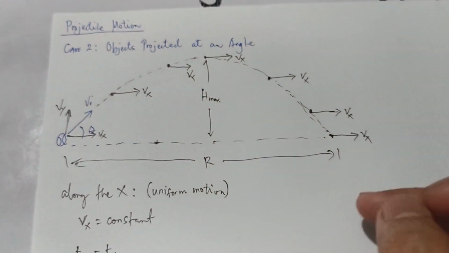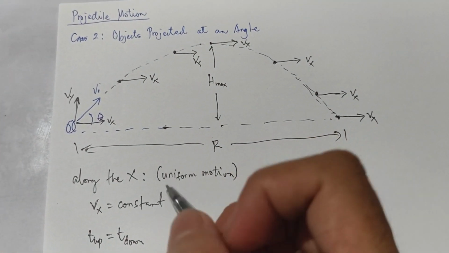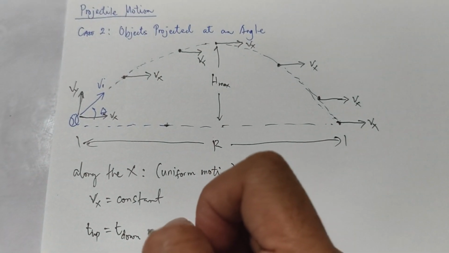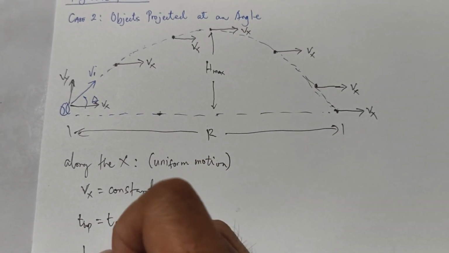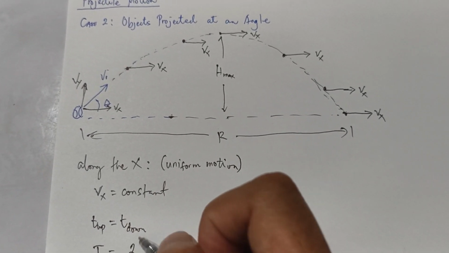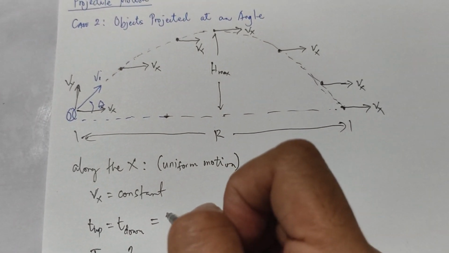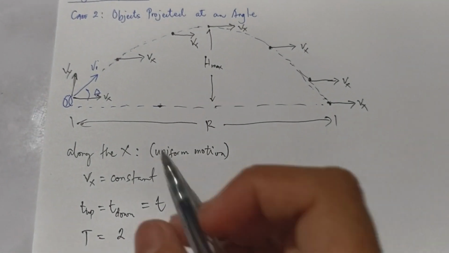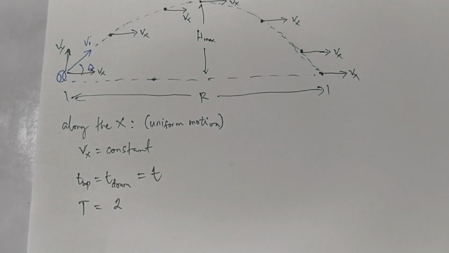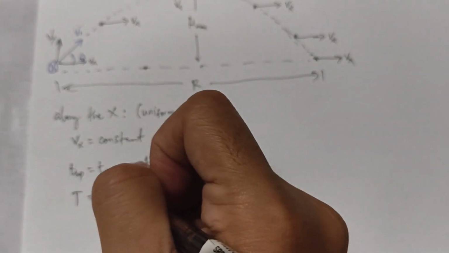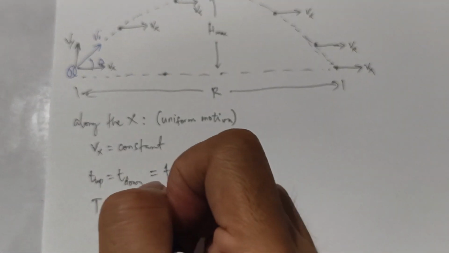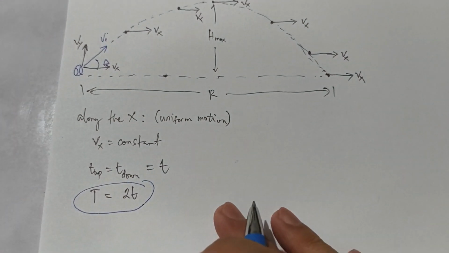So, T up is equal to T down. Kaya, yung total time of flight is represented as 2 times, o pwede mo itong sabihin na T. Alright? So, twice kasi meron kang T up plus T down. And since they are the same, so you have 2T as the total time of flight of a projectile.